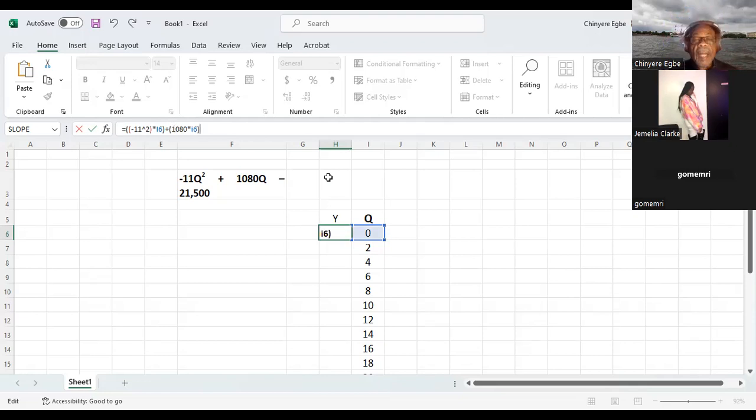And why am I saying I6? Because the quantities are in column I, and we are starting from 6. Okay, so it's I6.